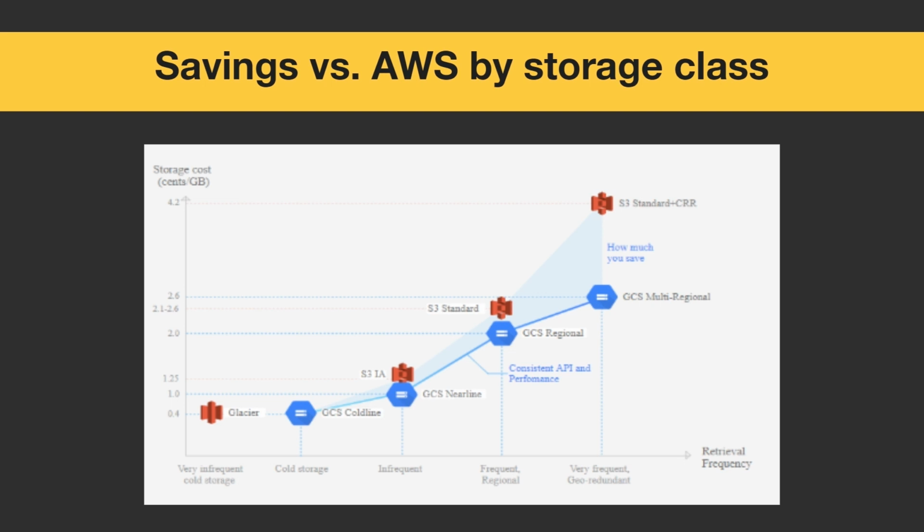Moving forward, S3 Infrequent Access is 1.25 cents, while the same service in Google Cloud Storage Nearline is 1 cent. For Google Cloud Storage Coldline, we have the Glacier service at 0.4 cents per GB. This is approximately the same compared with the other storage classes on both AWS and Google Cloud.